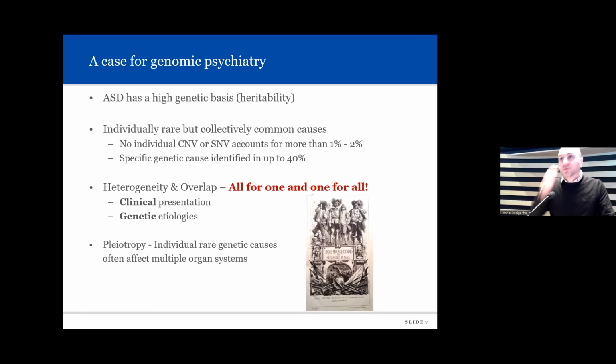Now, this is also a good moment to underscore that autism is a clinical diagnosis based on observable characteristics of the people in the appointment, in the clinic, or in other settings. It is not a genetic diagnosis. And what this means is that you cannot use genetic testing to diagnose autism.